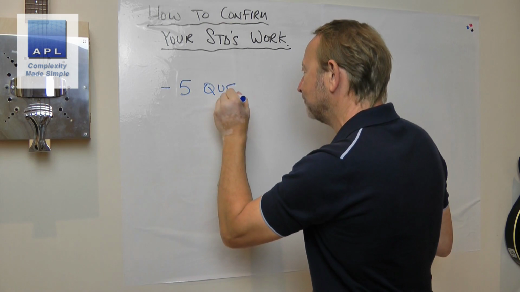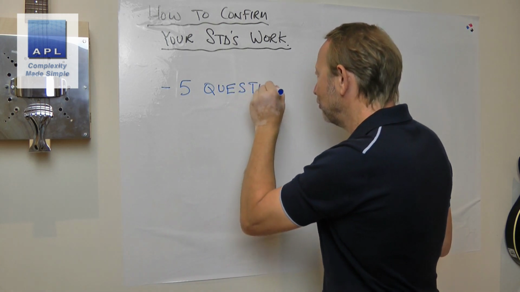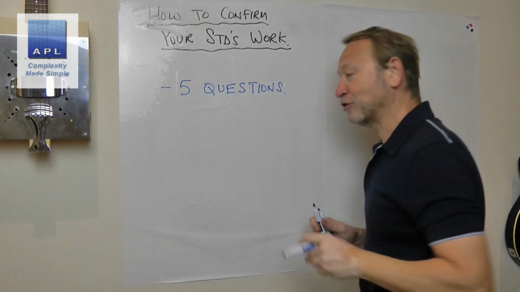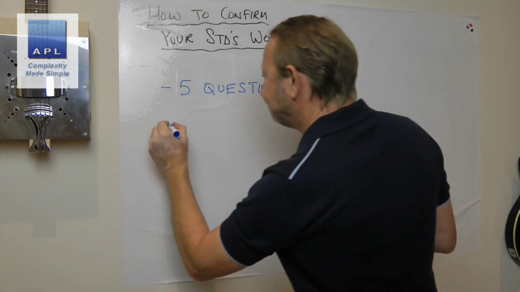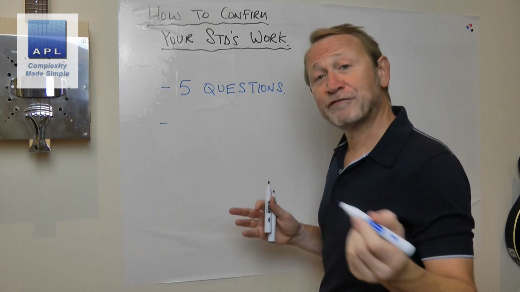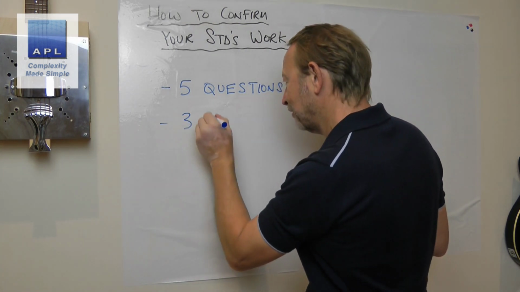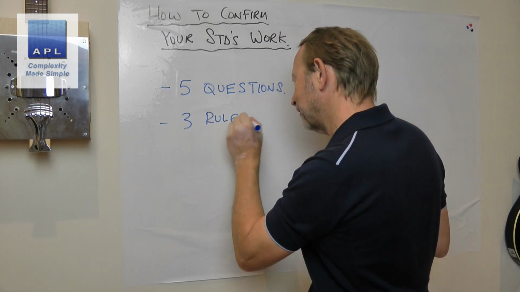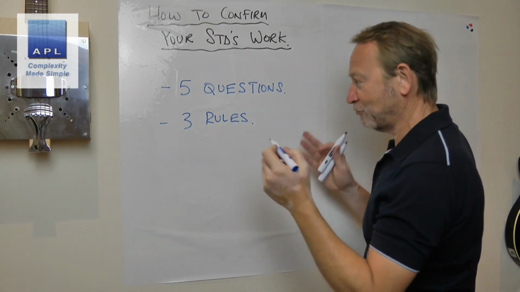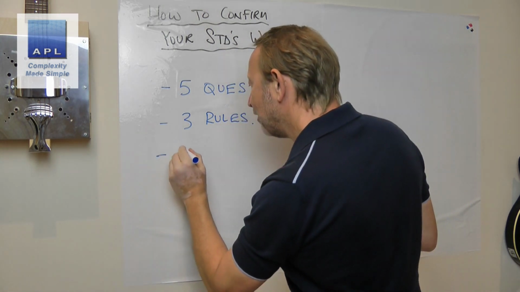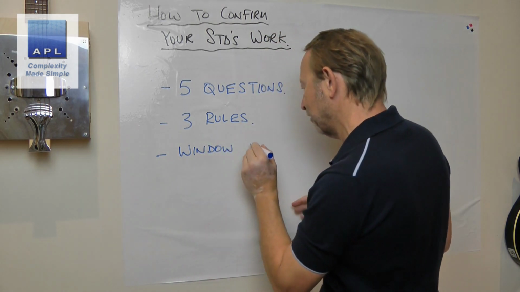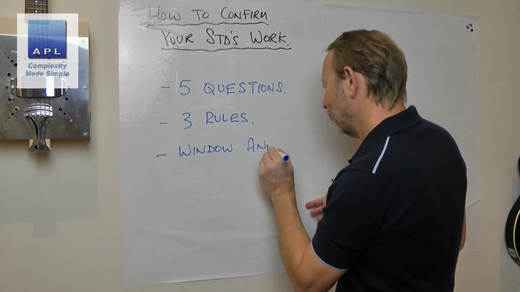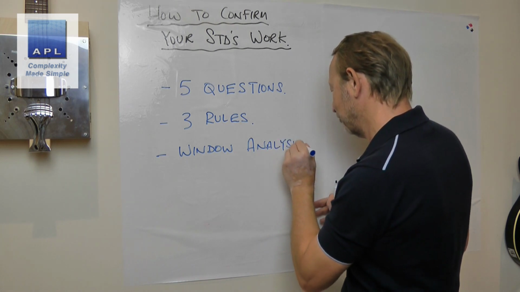So method 1, you can use Tom's 5 questions. We'll have a look at those 5 questions in a minute. I'm going to call them 3 rules. I have 3 rules about my standards, which I'm going to share with you, and I'm also going to share a technique that I learned at Sony, which is called window analysis.